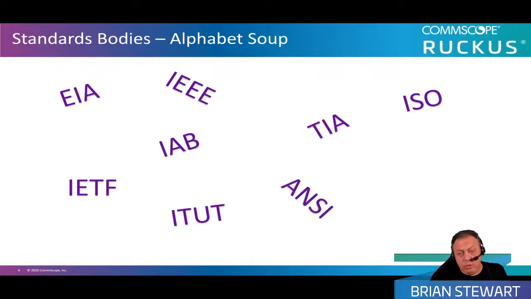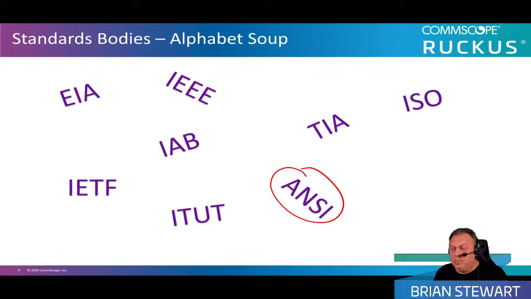For example, what we just looked at, ASCII, is a standard developed by the American National Standards Institute, or ANSI. So we've just seen an example standard that comes from ANSI.